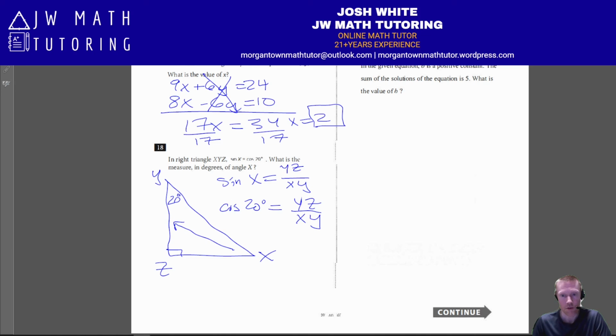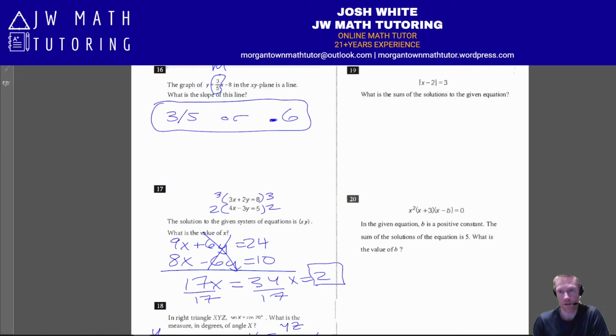So notice these two expressions are equal. Therefore, the cosine of 20 is equal to the sine of x, and x is going to have to be 70 degrees. So the correct answer to this problem is just the number 70. You don't worry about shading in the degree sign, you just put in 70, and that's it.